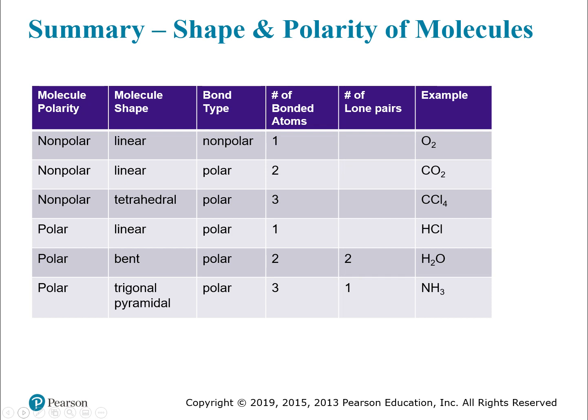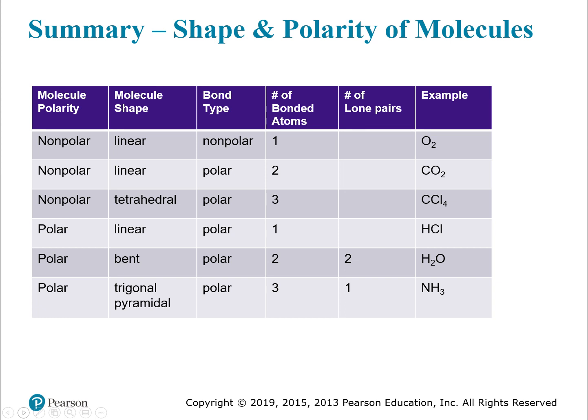All right. So all that we covered was naming, writing chemical formulas, ionic, covalent. Now we need to talk more about covalent molecules and the different ways that we can categorize them. What I've done is I've made a summary table, and this table will be very helpful to you with your homework.